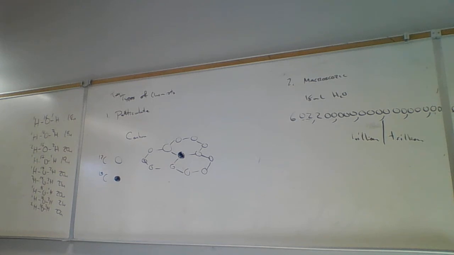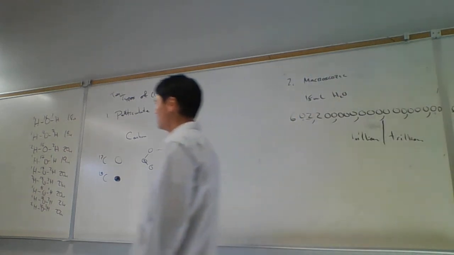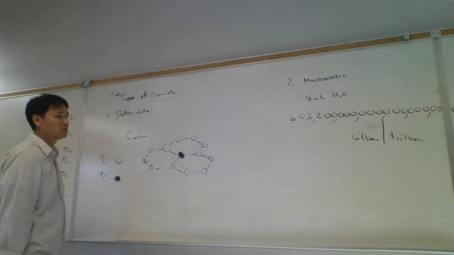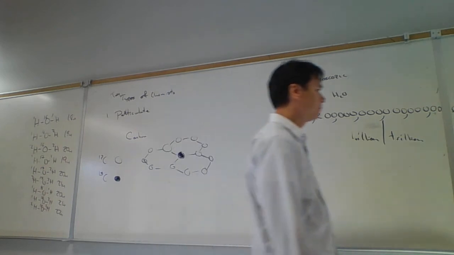And that's because the average H atom weighs 1.01 U, and the average oxygen atom weighs 16.00 U, because it's primarily oxygen 16, which is dominant, and it's primarily hydrogen 1, which is dominant.